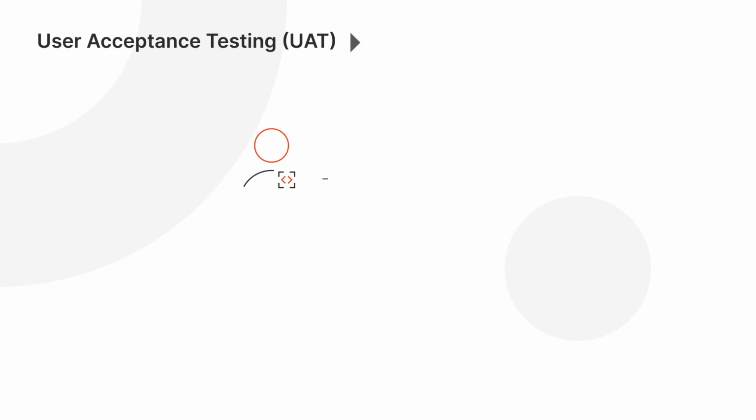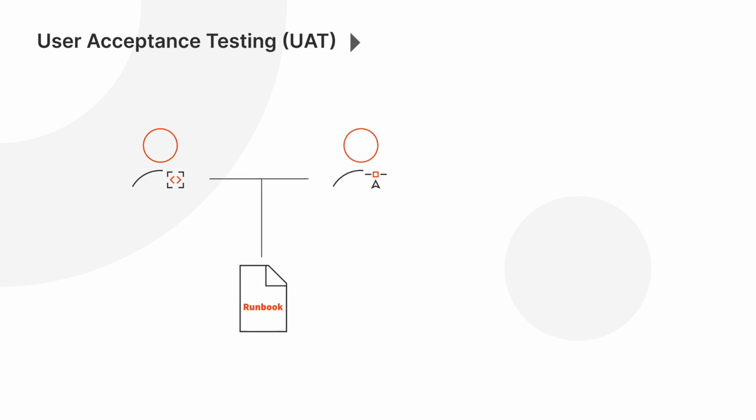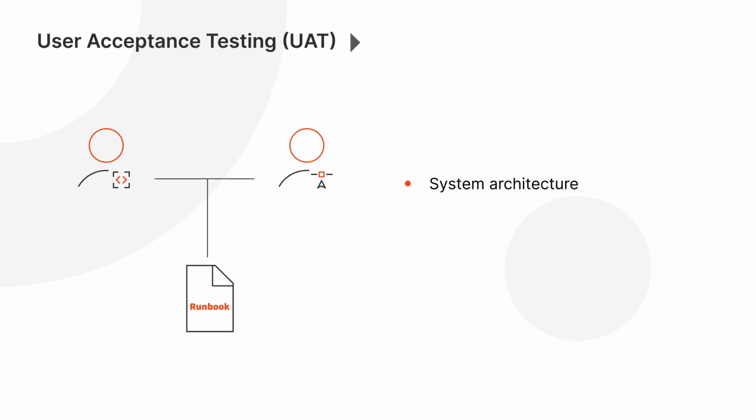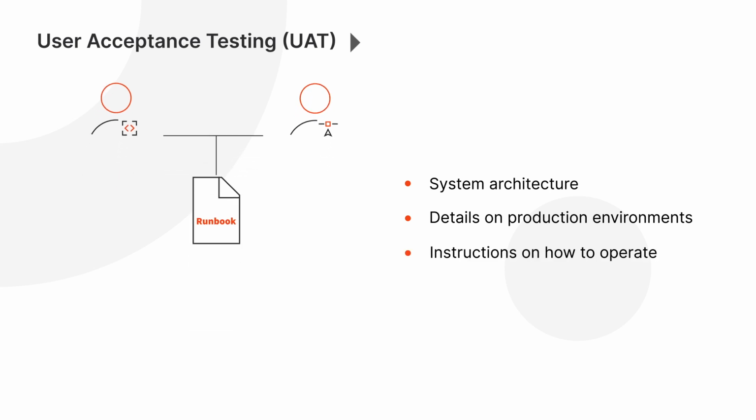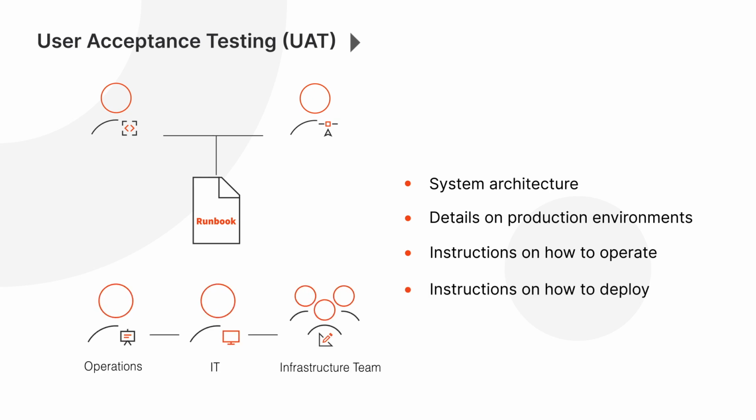At this point, the developers create a runbook document template in collaboration with the solution architect. This document must contain relevant information on the system architecture, details on the production environment and instructions on how to operate the automation if necessary. It also includes detailed instructions to operations, IT, and the infrastructure team on how to proceed with deployment.